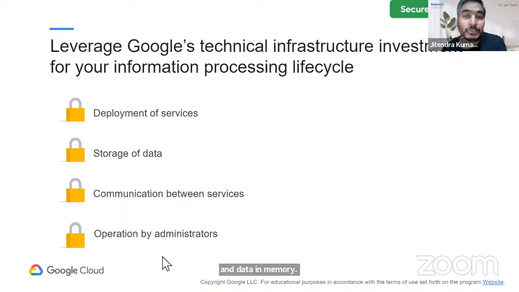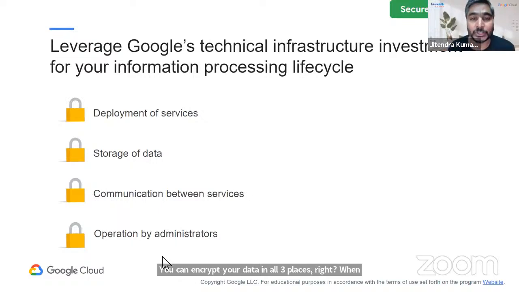When you expose your service in a distributed architecture, application 1 needs to talk to application 2. Say it's microservice 1 talking to microservice 2. How do you ensure that this communication is always encrypted, always authorized and always authenticated, right?